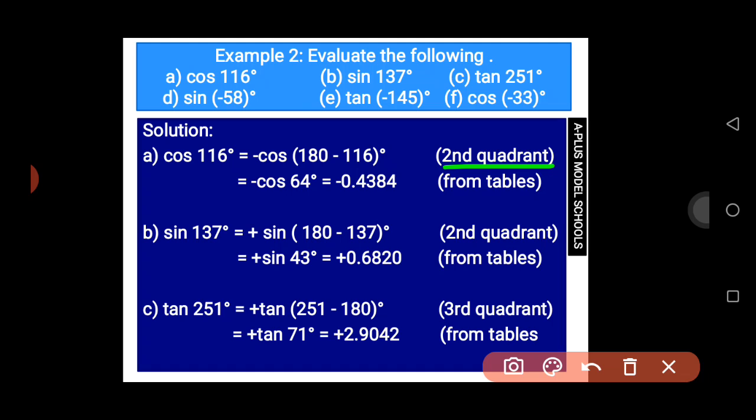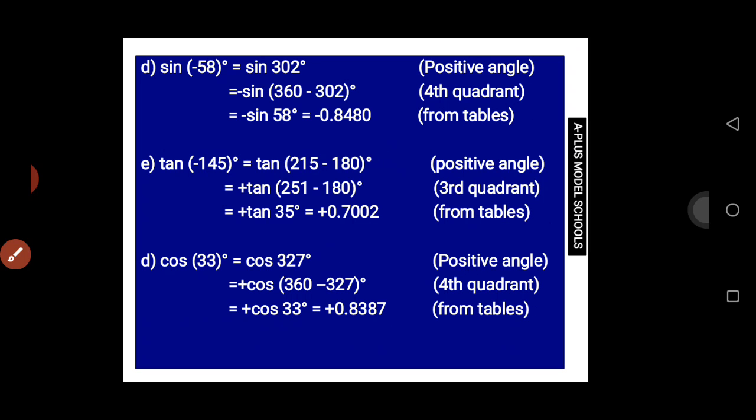So that is 251 minus 180 degrees, which will give us 71 degrees. In the third quadrant, tan is positive, so that will give you plus tan 71 degrees. From your four-figure table, tan 71 degrees will give you 2.9042.